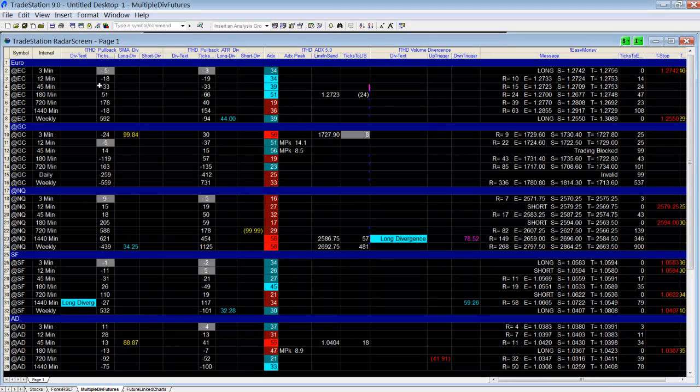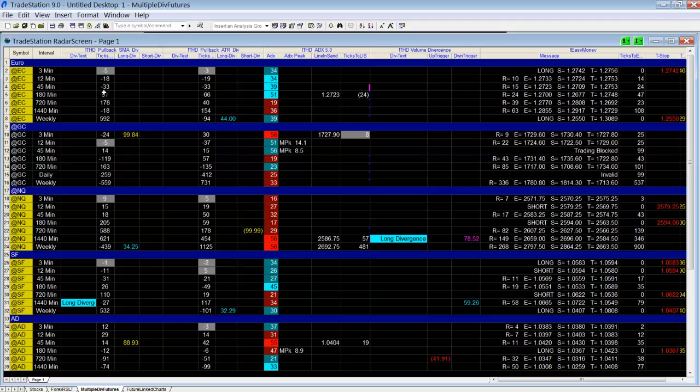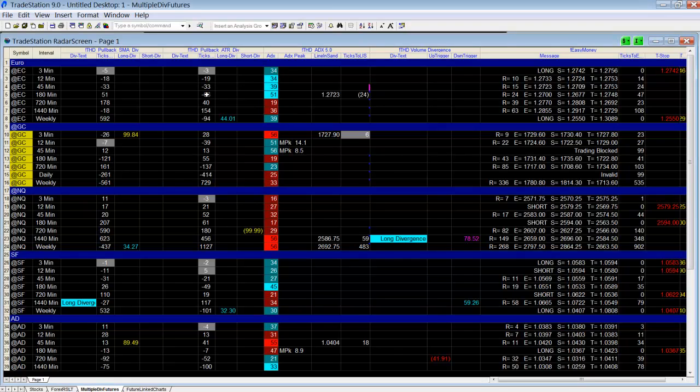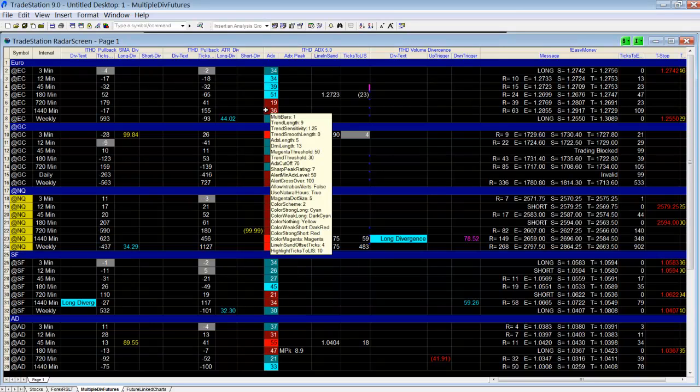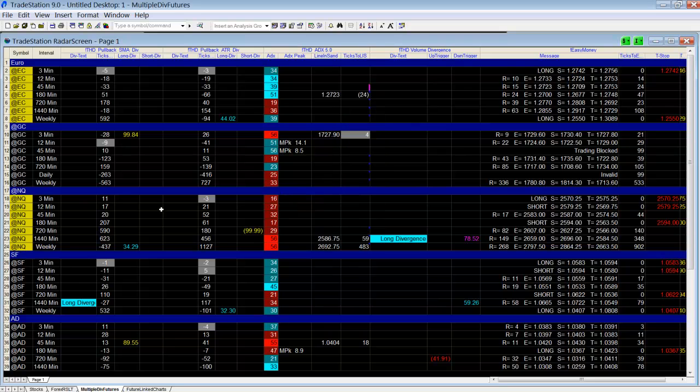Because on the 180, price is below the slow moving average, but the ATR is above it. So that tells me that there could have been a magenta peak in the past on a higher time frame. If you're seeing a dark red 36, that tells me that it is red and it is decreasing. Does everybody understand that?